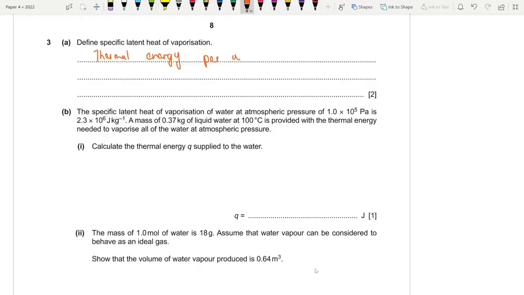The thermal energy required per unit mass to change the state, since it's vaporization, between liquid and gas.